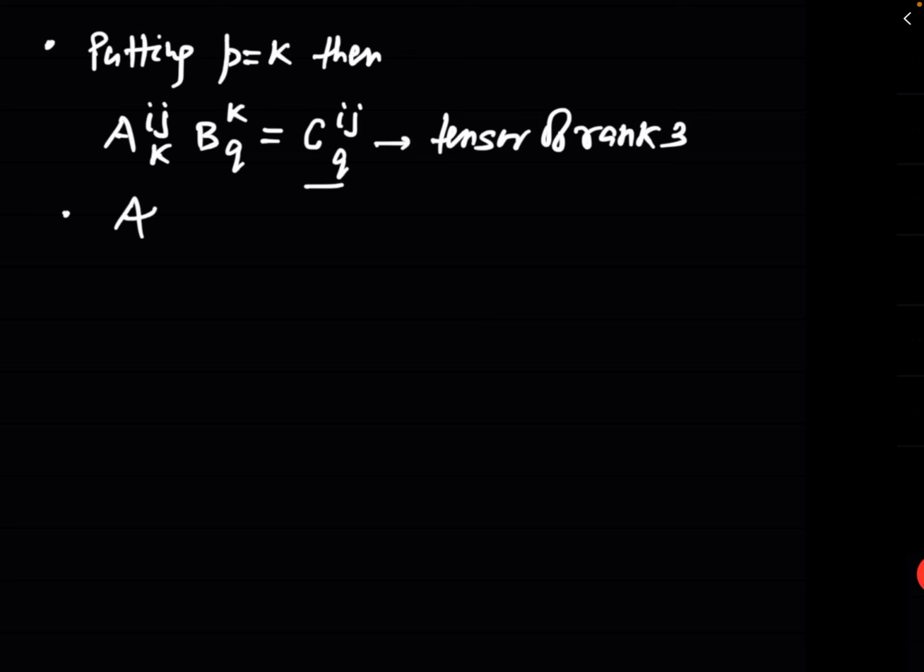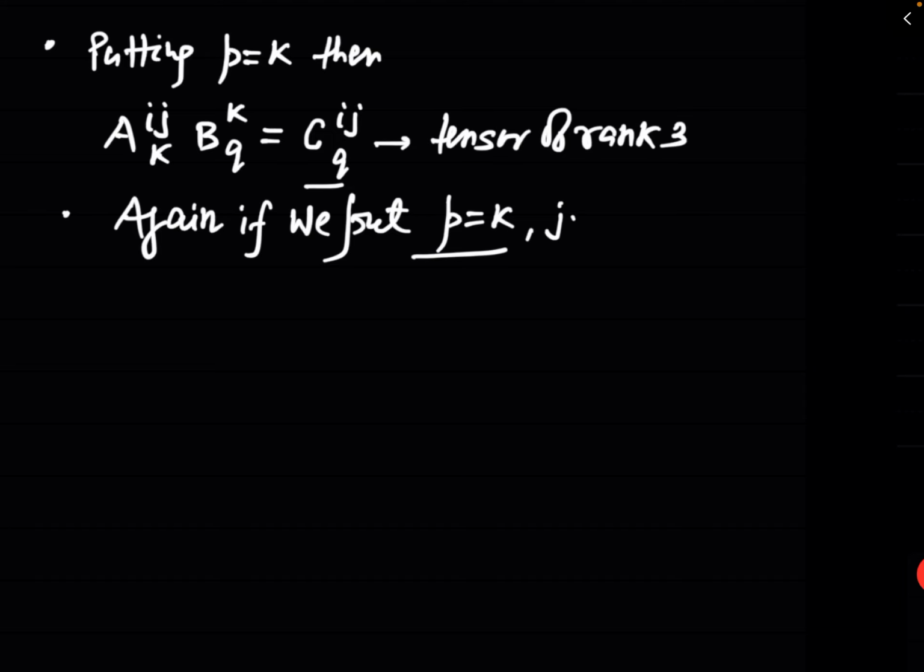So again, if we put P equal to K, this has been already taken before, and now we take J equal to Q, because you can see J is the contravariant index and Q is the covariant index.